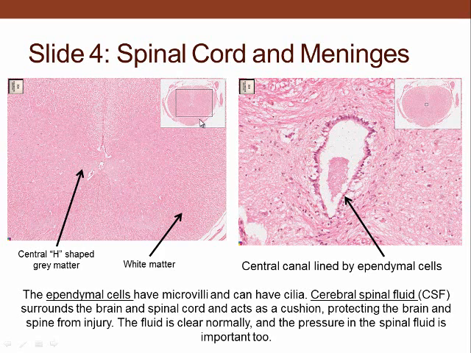Here's the spinal cord right here and here with the H of gray matter, and the white matter is actually on the outside. So the cells are on the inside and the connections are on the outside. In the very center here we have the ependymal cells which secrete the spinal fluid that is right in through here.